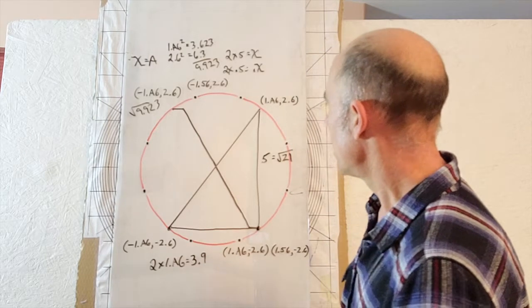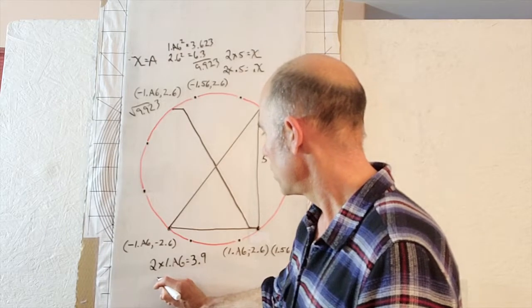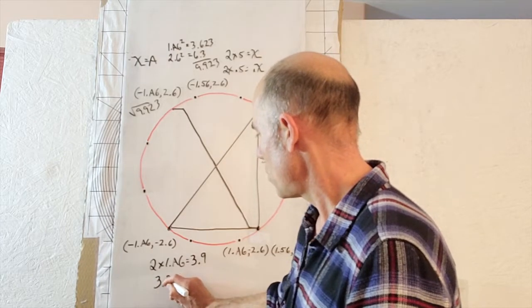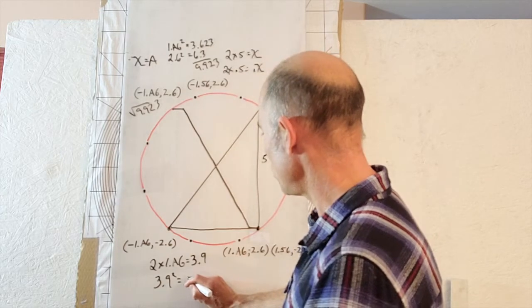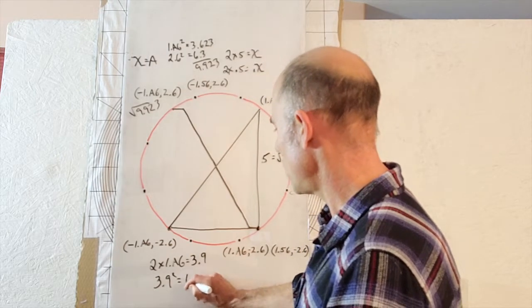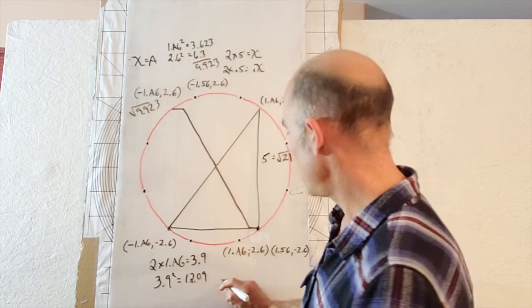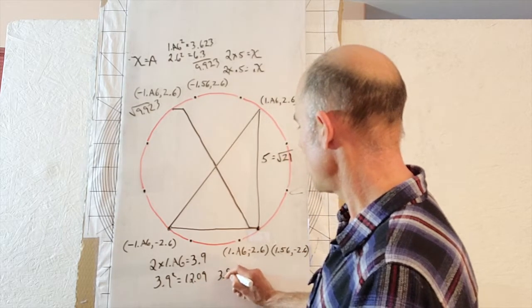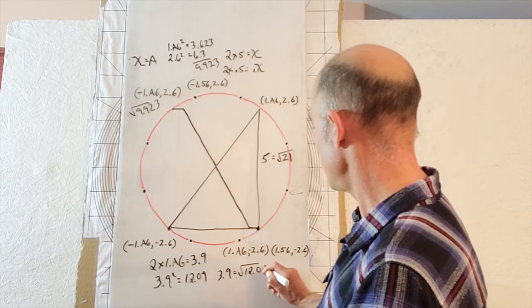And so what we're going to do now is figure out 3.9 squared, which is 12.09. Therefore, I'll write it here, 3.9 is the square root of 12.09.